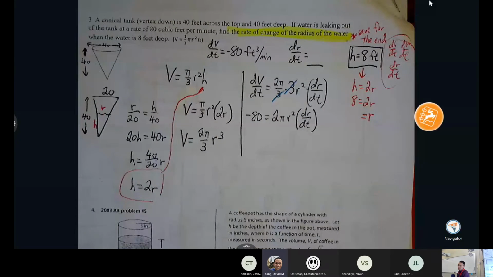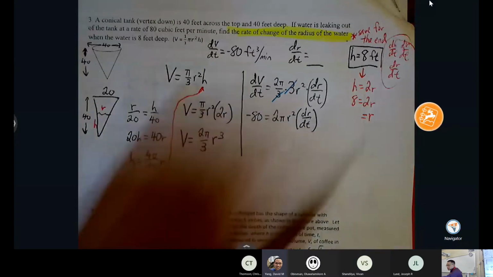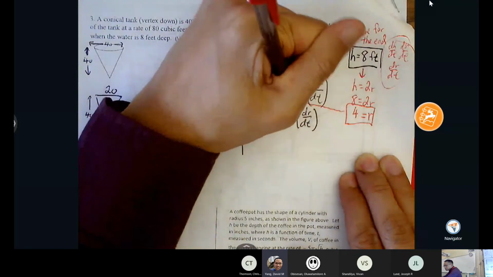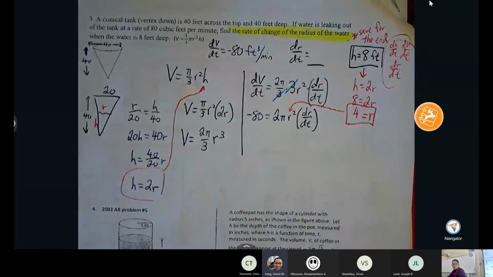So that makes r equals what? 4. Yeah, so now we're ready. Now we have everything we need. Clear path to dr/dt now, right?